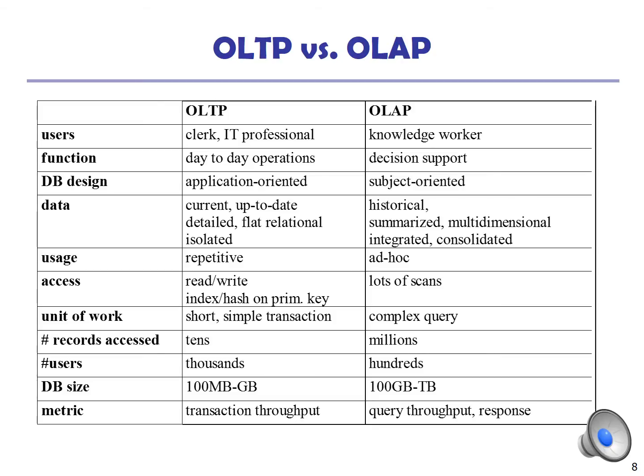On the other hand, analytical processing requires accessing millions and millions of records. In order to look for trends and to mine for knowledge, you have to go over tons and tons of data. The number of users, on the other hand, for transaction processing is thousands.